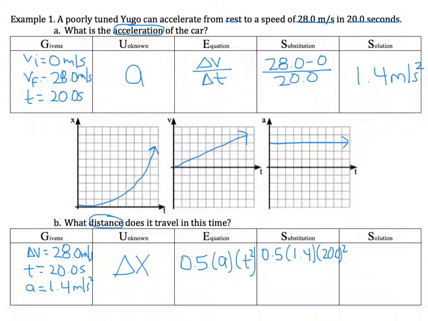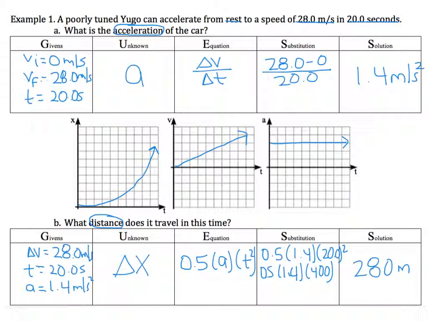Remember that squared is for the time only, so the next step would have been this if we had calculated it. When we do calculate that, we get 280 meters. So that's our first example.